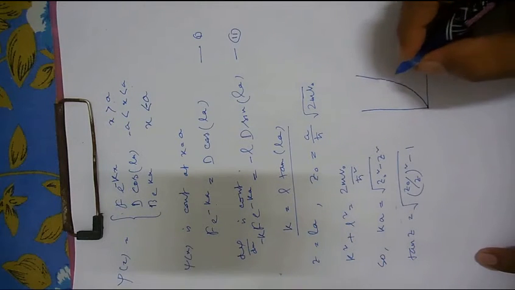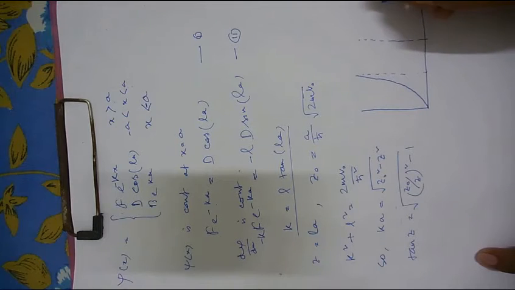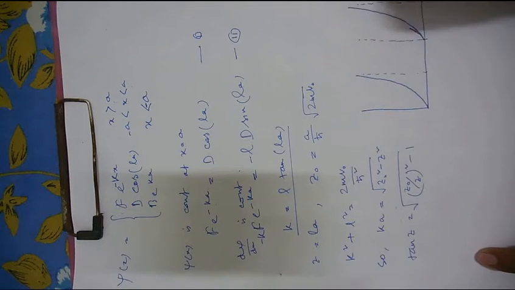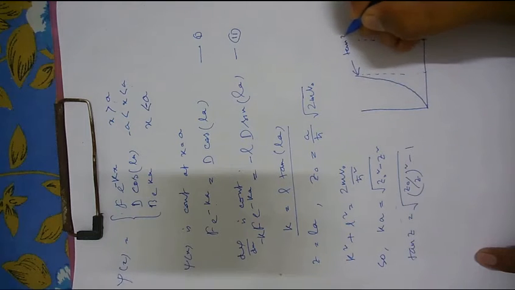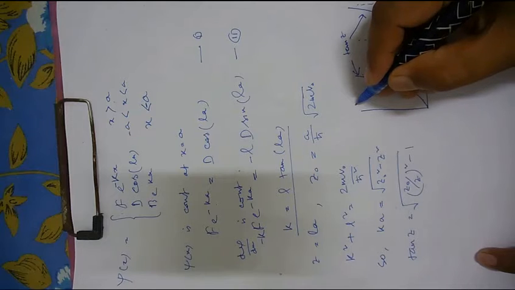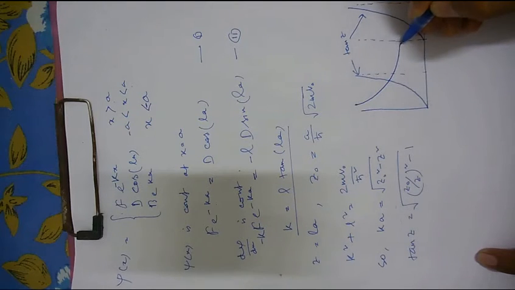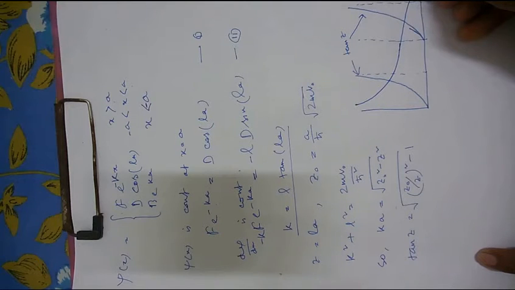Okay, so in this way it will go on. So this is tan z, this also tan z, and here the function will go on. Okay, suppose like this way.